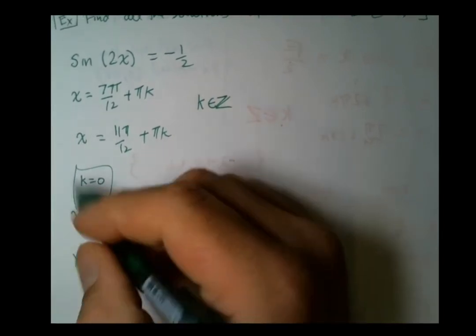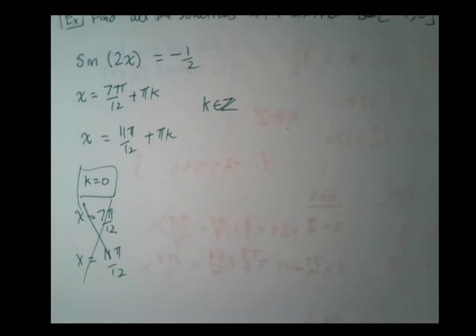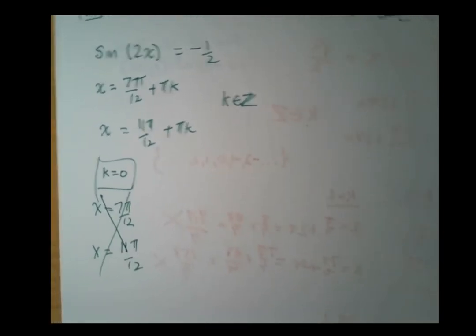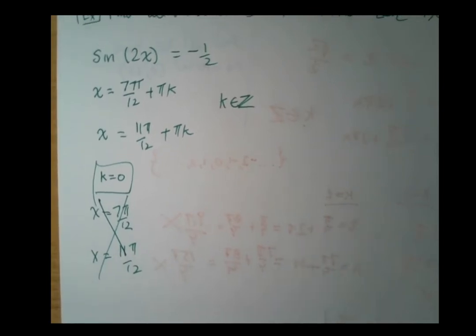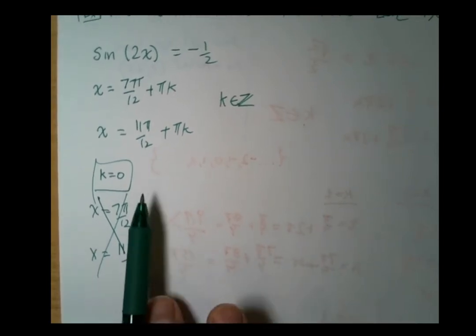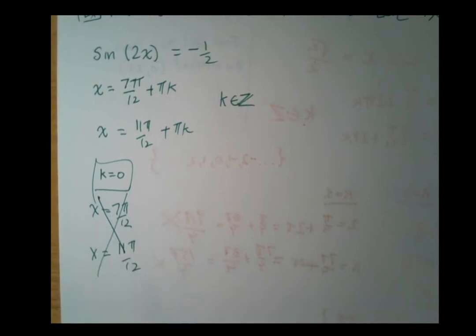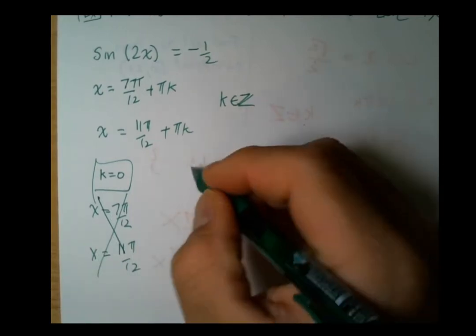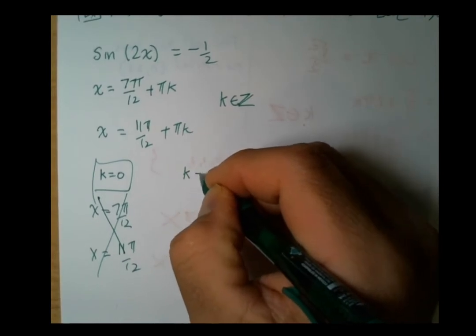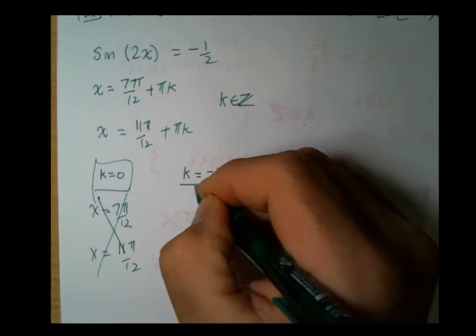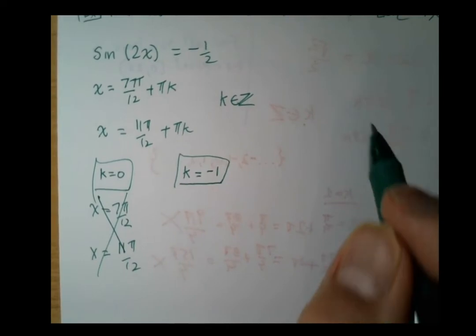So I'm going to reject those solutions. Now, in the previous example, I started with 1, 2, etc. But here, if I do 1, I'll just get a larger positive value, so that's not the direction I'm going to go. The next possible choice would be k equal to negative 1.